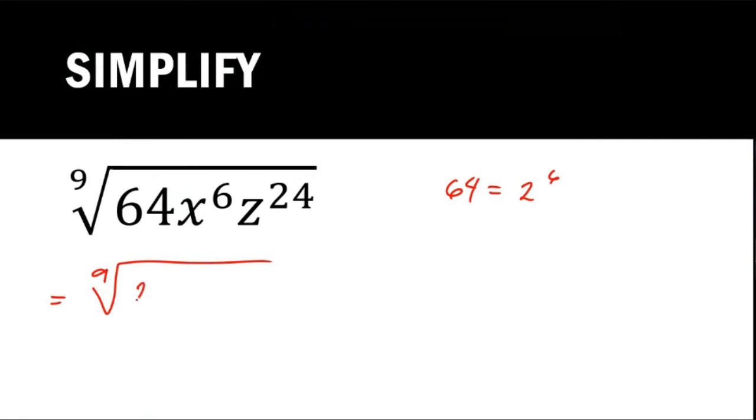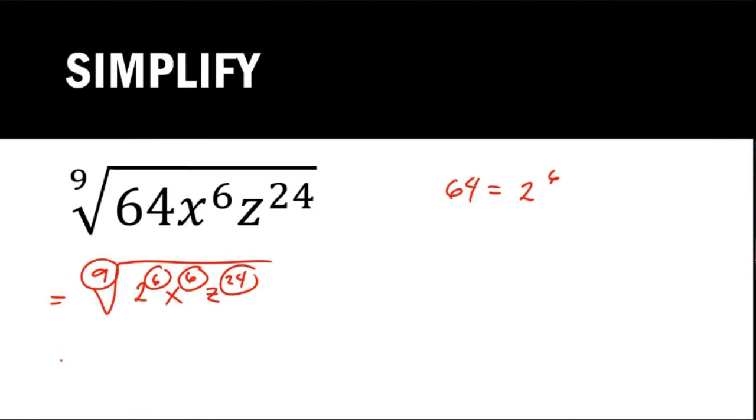So you will have the 9th root of 2 raised to 6, x raised to 6, z raised to 24. Okay, so now we will just reduce the order if there is a common factor for each of the powers and the order of the radical.